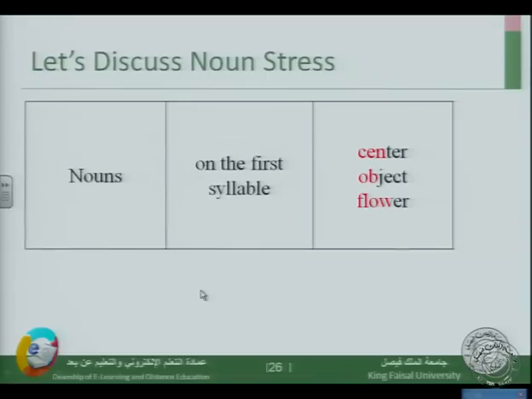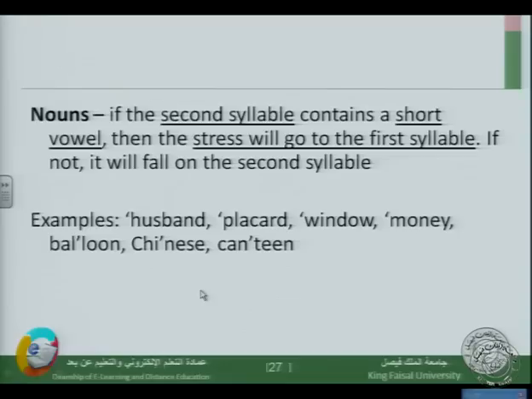Now let us discuss noun stress. Nouns, as we have seen, we put the stress on the first syllable, like center, object, flower. Okay, center has what? 2 syllables. So with nouns having 2 syllables, we put the stress on the first syllable. If the second syllable contains a short vowel, then the stress will go to the first syllable.